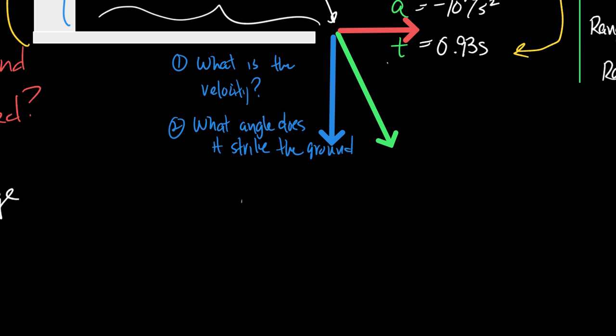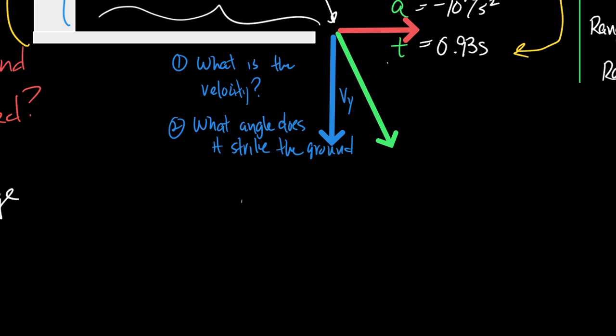For that, you would have to consider the triangle that's here. And it's a pretty obvious triangle. But one of the things you would have to do is find Vy. Right? Vy when it makes it to the ground. Then you would have Vy and Vx.